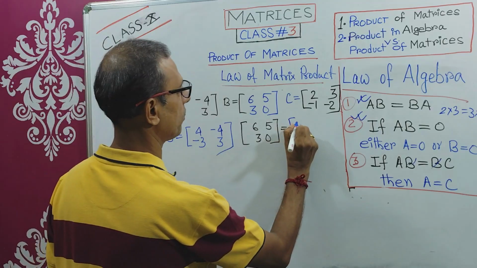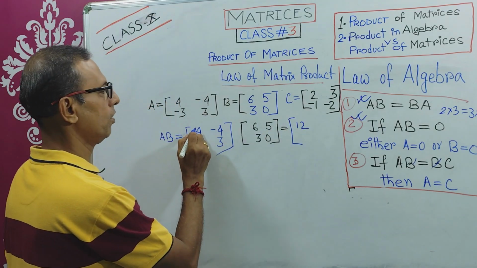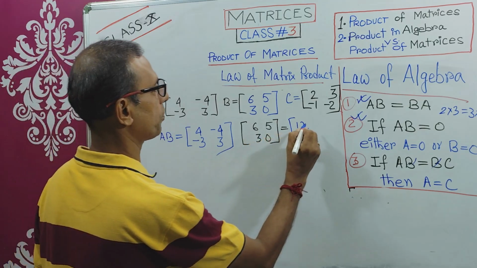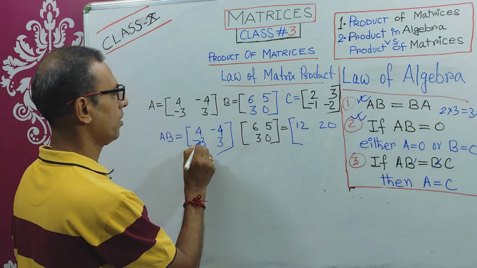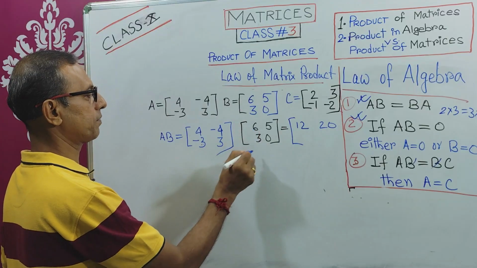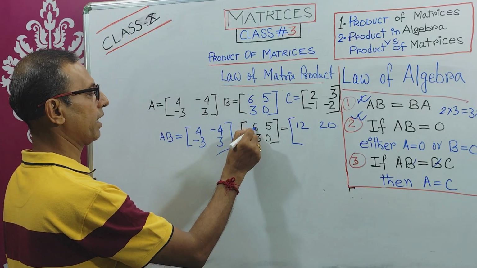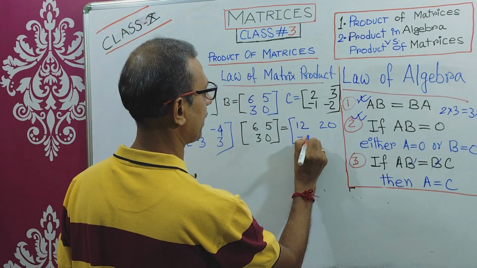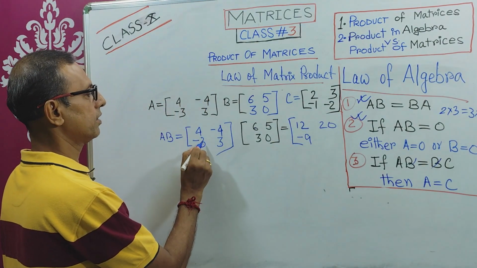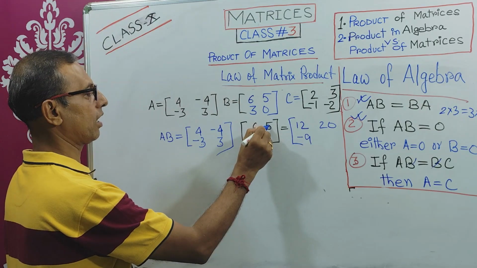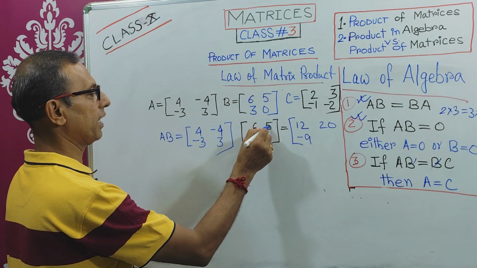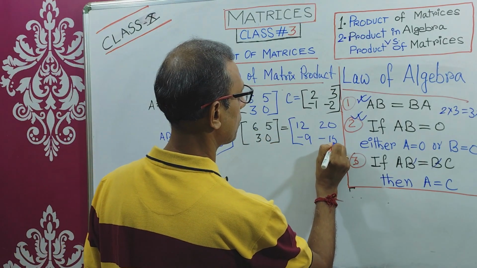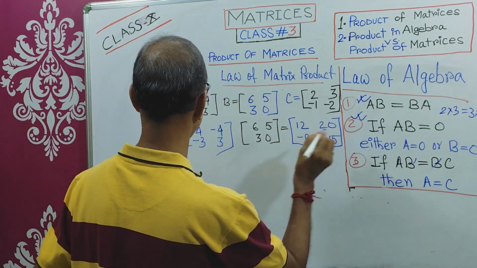So 24 minus 12 is 12. 4 into 5, 20, plus minus 4 into 0, 0. So 20. Minus 3 into 6, second row versus first column: minus 3 into 6, minus 18, plus 3 into 3, 9. So minus 18 plus 9, minus 9. Second row versus second column: minus 3 into 5, minus 15, plus 3 into 0, 0. So minus 15. So this is the result of AB.